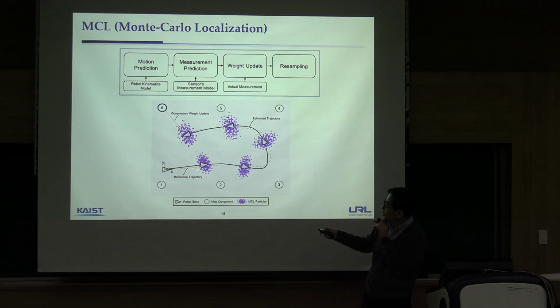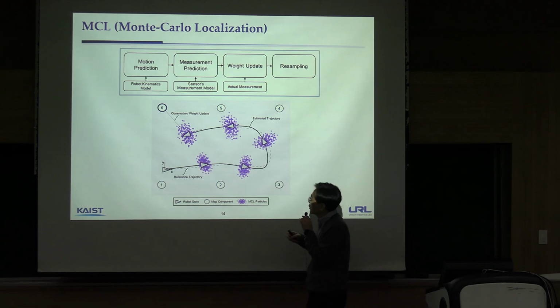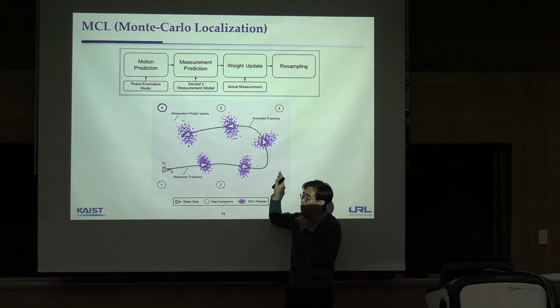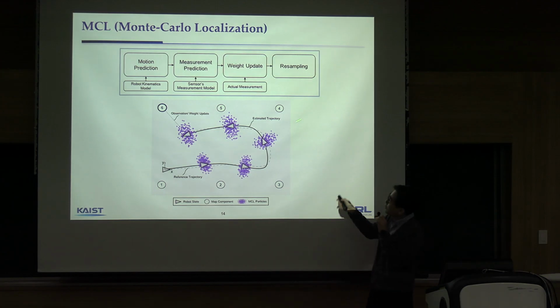So we distribute the set of particles and we calculate the weight of each particle. The weight is actually the importance probability of this particle. The weight is updated over time and a resampling process will be applied. That means if a particle has more weight compared to others, then it will have a higher probability of survival in the next phase. This will be iterated over time.